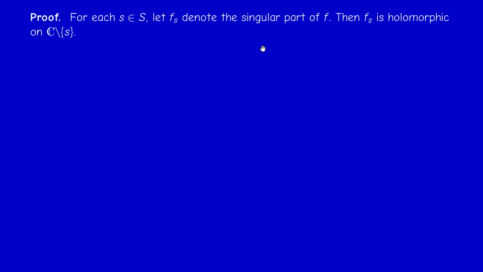Then fs is holomorphic on C without s, because it's a series of singular terms. The only problem is at 0, actually, as we know. Now, when I subtract from f the sum of all singular parts, so I remove all singularities, I obtain a holomorphic function.